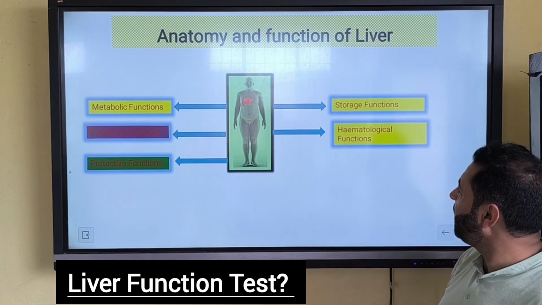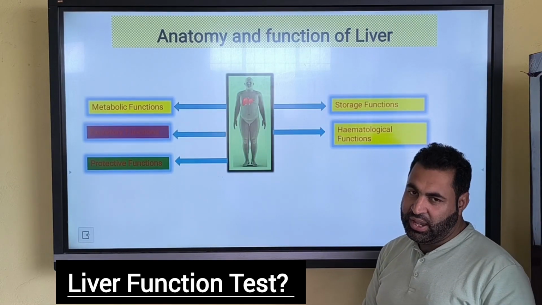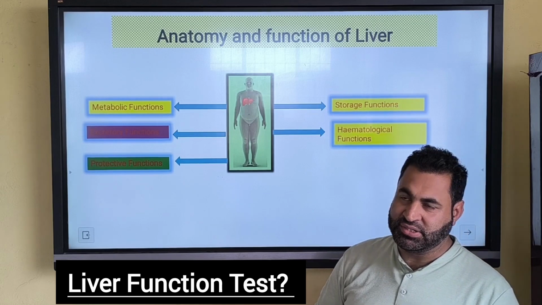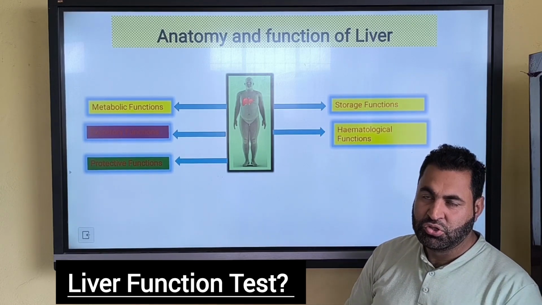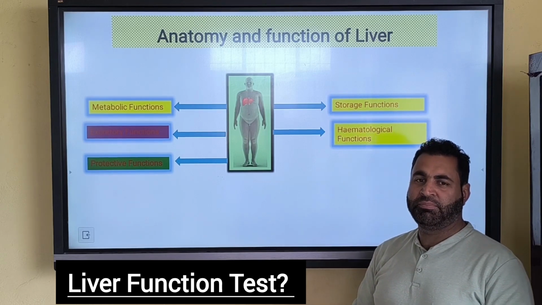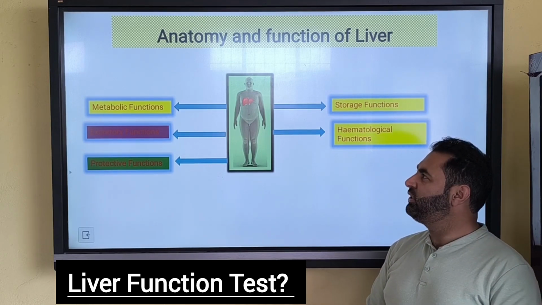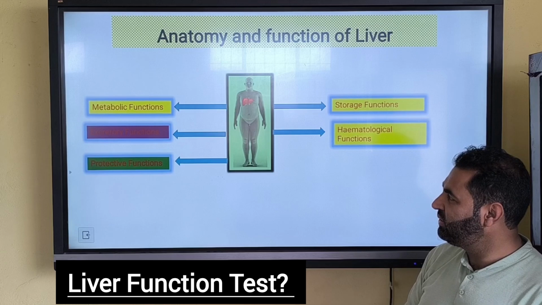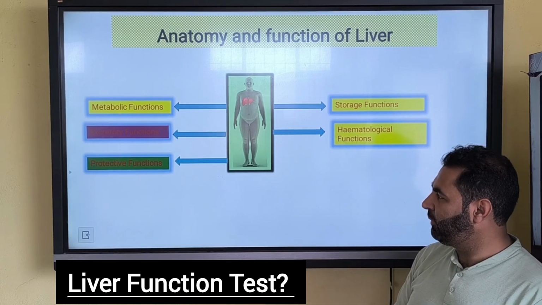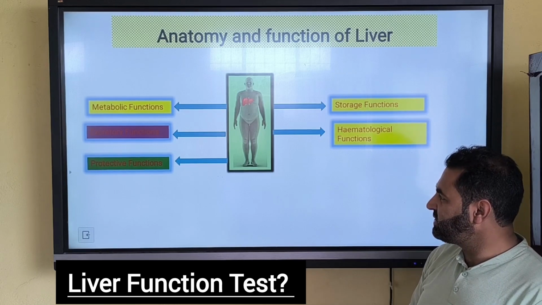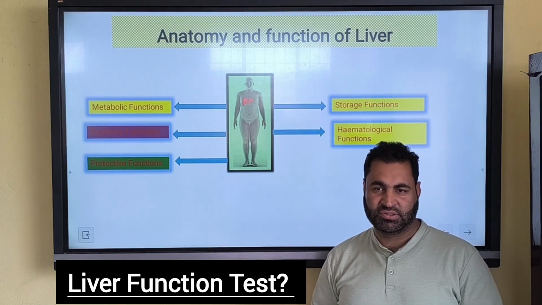Coming to the functions of the liver, as the liver has many functions, some of them are metabolic functions. It performs different metabolic functions; there are different metabolic pathways and their enzymes operating in the liver. The liver also has excretory functions.